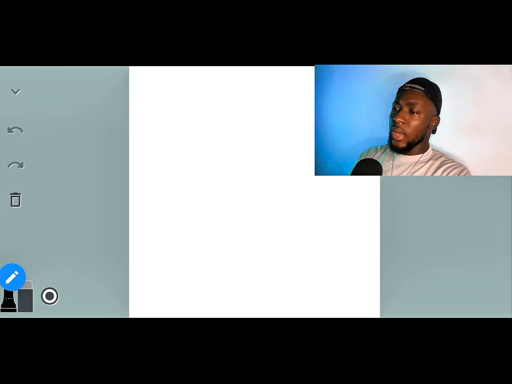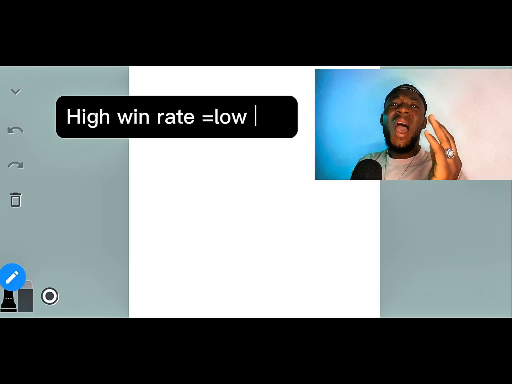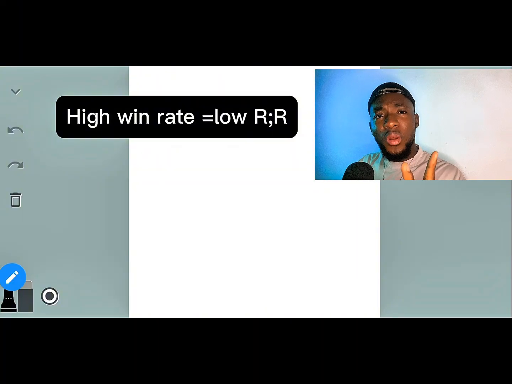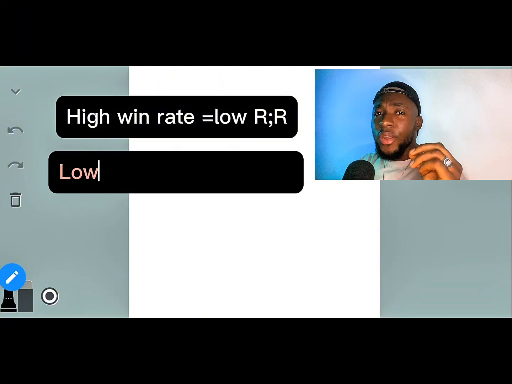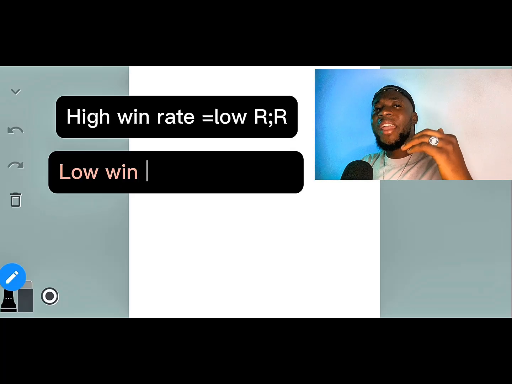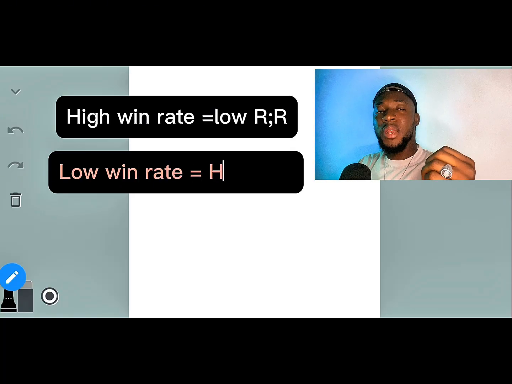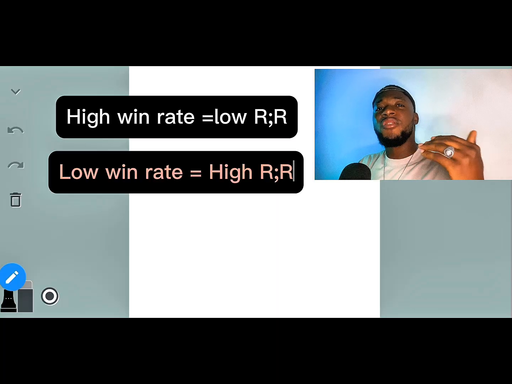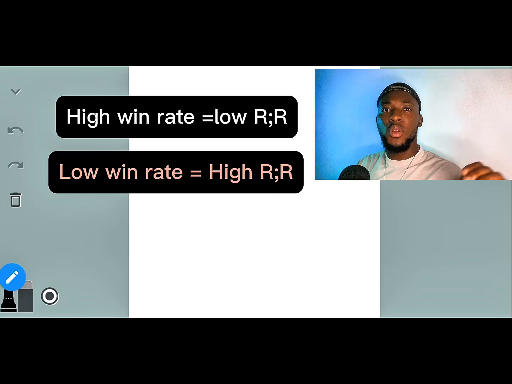So the first one is the one that has high win rates with low risk to reward. The second one has low win rates with high risk to reward. When I say high risk to reward, meaning the trade rates are mostly very, very controlled. I'm going to explain why.